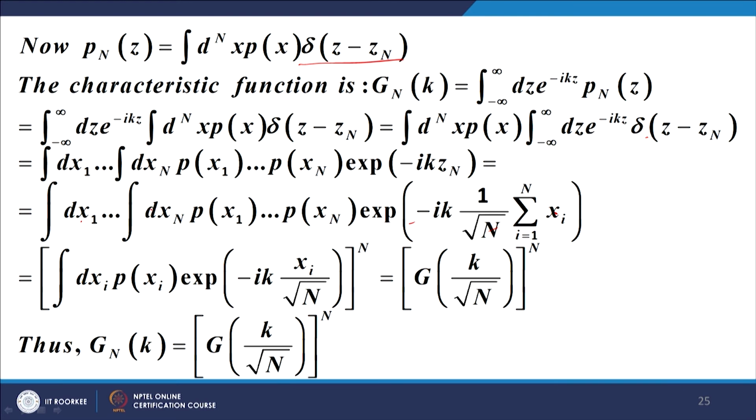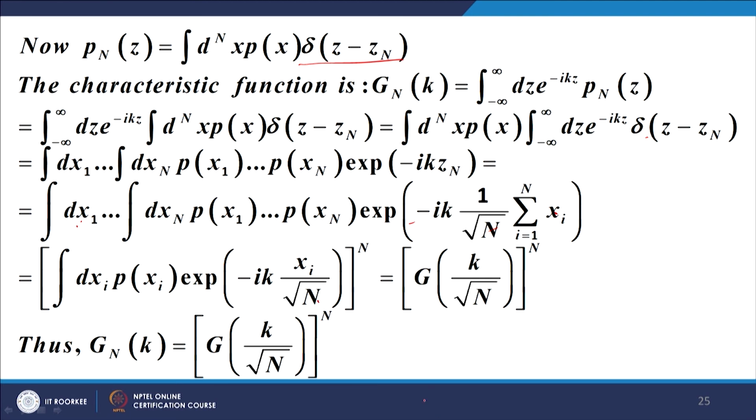So, each integral has a factor of e to the power minus ik/root n with its appropriate xi, with dxi. They are all identical integrals, and therefore, I can write this expression as the integral dxi p(xi) e to the power minus ik xi/root n, the whole to the power n.